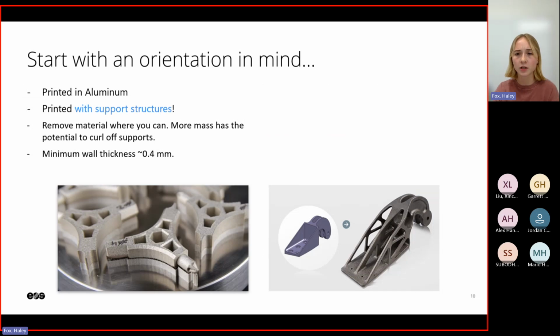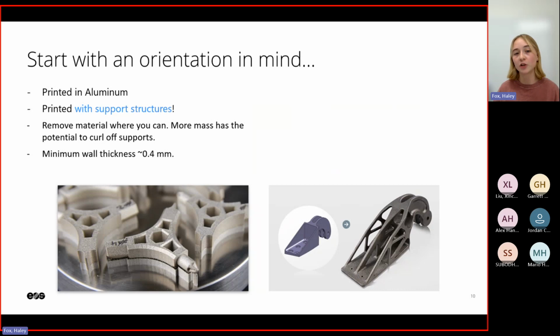I have some other pictures here. We are printing with aluminum, so that's something to consider. We have all of our data sheets on our EOS website if you don't have those yet. Like I said, we're printing with support structures, so it's helpful to have an orientation in mind as you're designing, so that you know where those support structures are going to be.